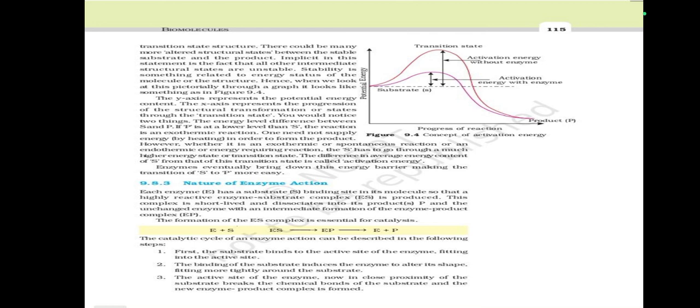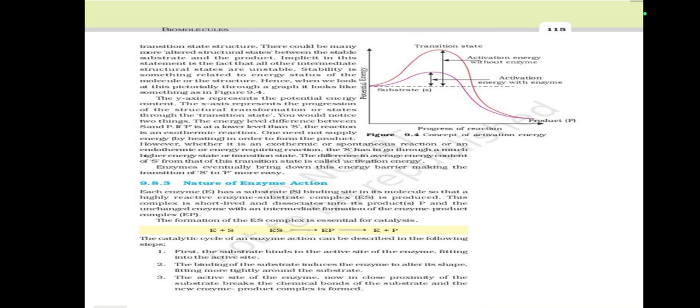One need not supply energy by heating in order to form the product. However, whether it is an exothermic spontaneous reaction or an endothermic or energy requiring reaction, S has to go through the much higher energy state of the transition state.